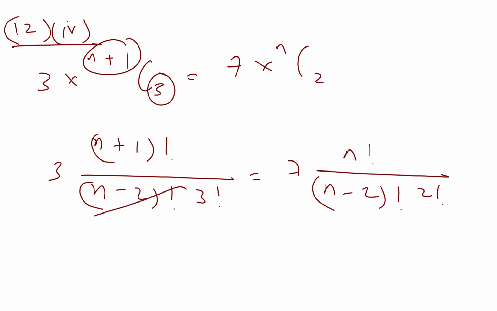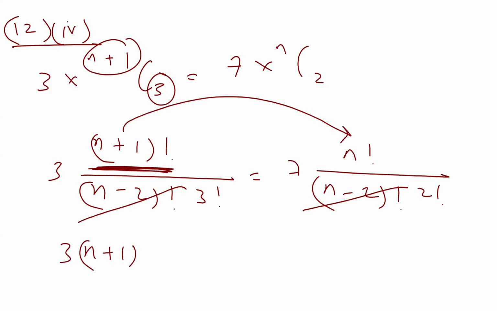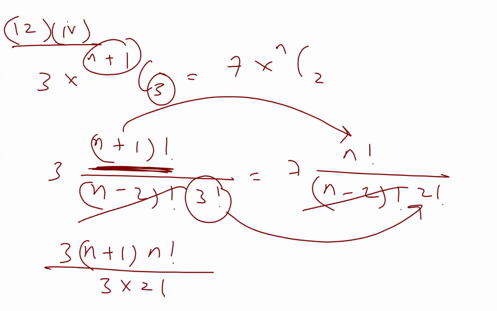So (n minus 2) factorial is gone. Now n plus 1 I'll reduce to n because n plus 1 is the bigger term. The first term of (n plus 1) factorial is (n plus 1) into n factorial, and this 3 I'll reduce to 2. So 3 into (n plus 1) into n factorial upon 3 into 2 factorial equals 7 into n factorial upon 2 factorial. So we can cancel out some terms. So n plus 1 is equal to 7, therefore n is equal to 6.